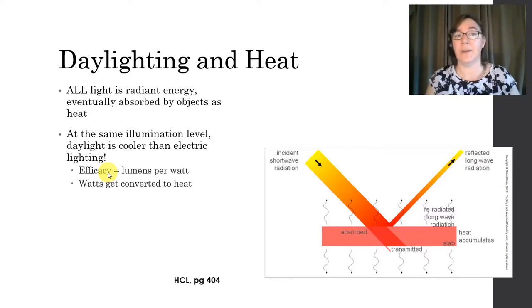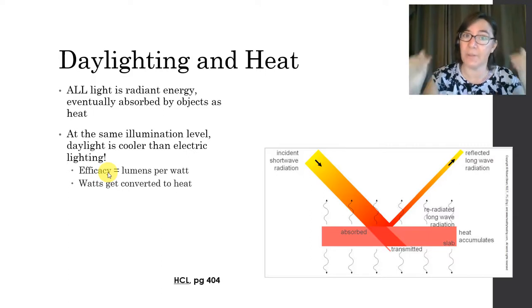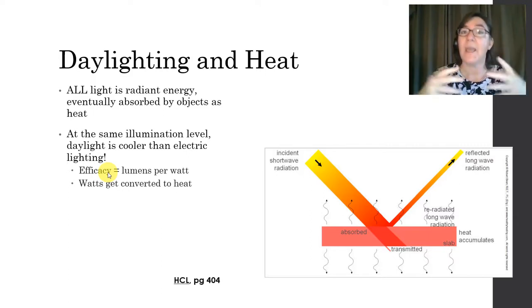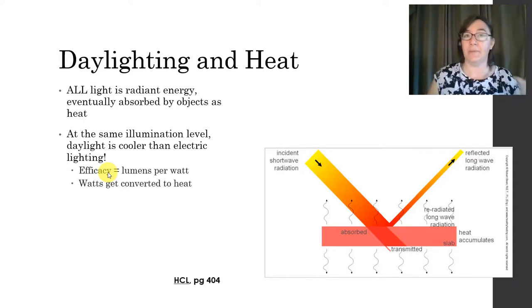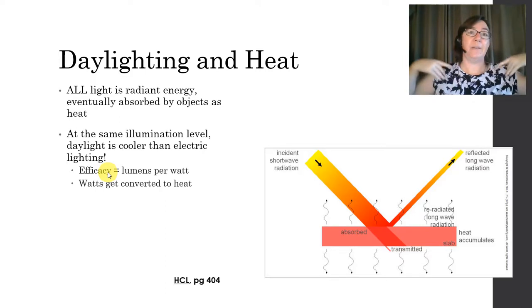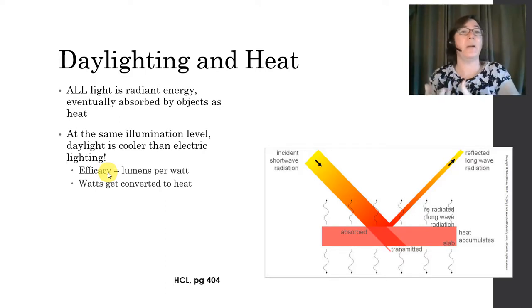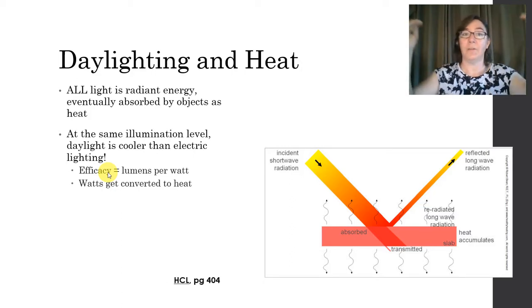Those watts get converted to heat. And it turns out that at the same illumination level, the same amount of lumens, daylight is cooler than electric lighting. And so that's why we said at the beginning of this particular video that daylighting is part of your sustainability strategy in the summer, to reduce the cooling load in your building.